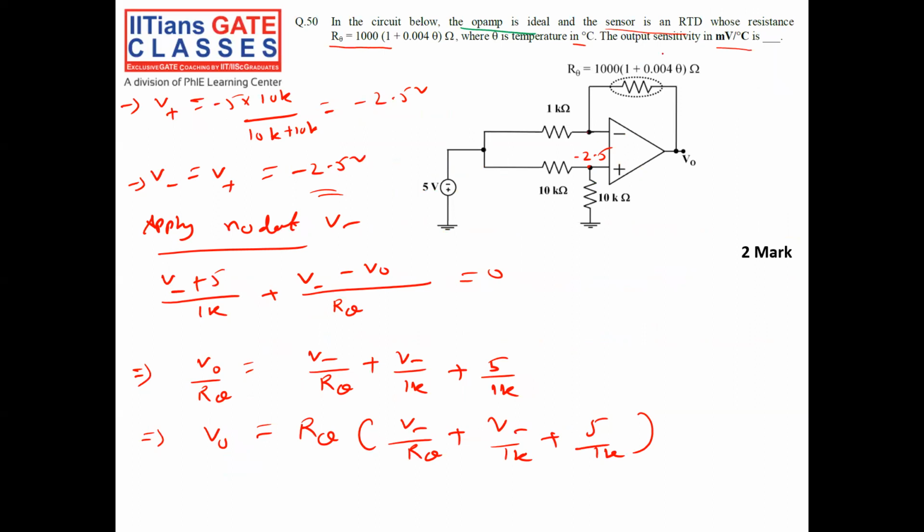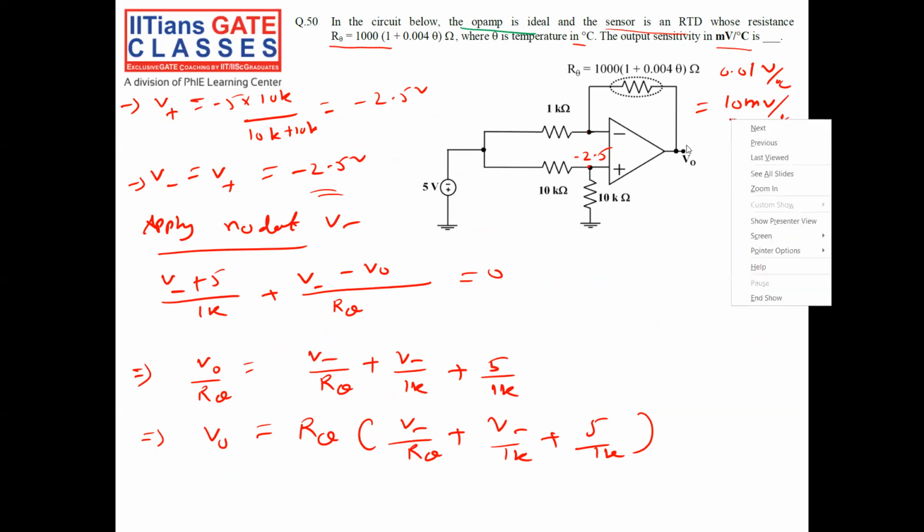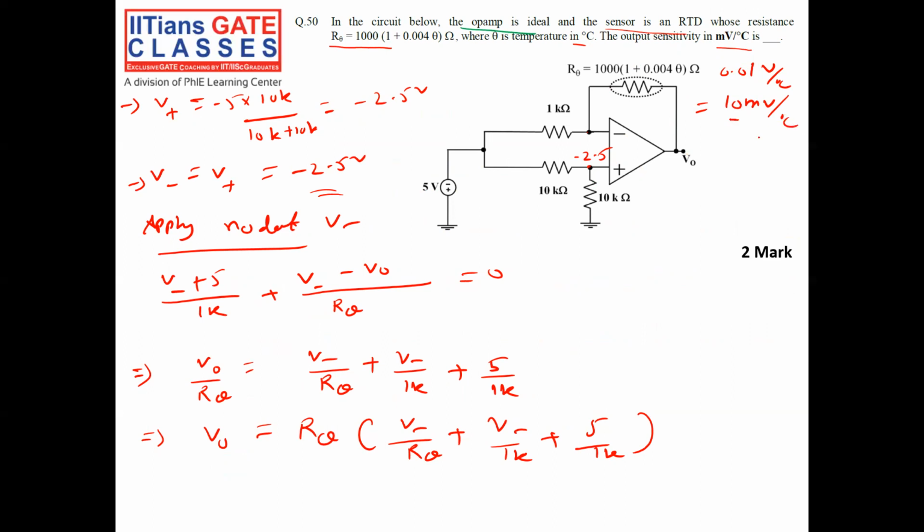So the answer is 0.01 volt per centigrade. If you convert it to milli, it will be 10 millivolt per degree Celsius. It's a very easy question.